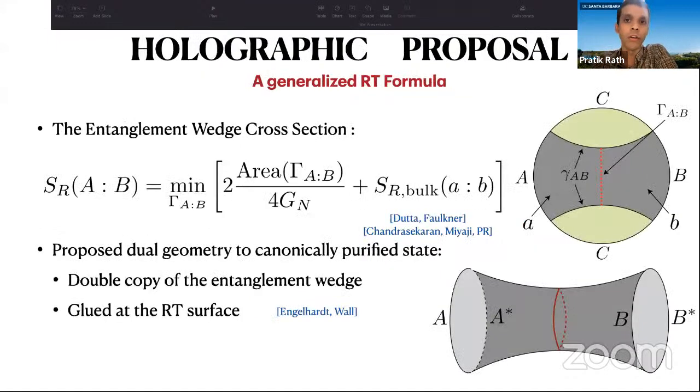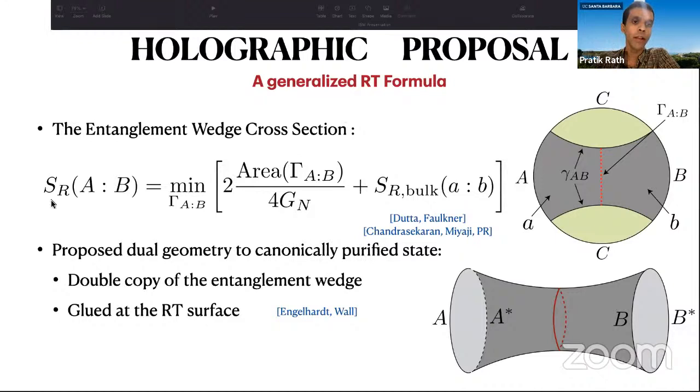Okay, good. Now, this particular measure has the nice feature that it has a very good holographic dual. It was proposed to be a generalization of the Ryu-Takayanagi formula, which involves the so-called entanglement wedge cross-section.